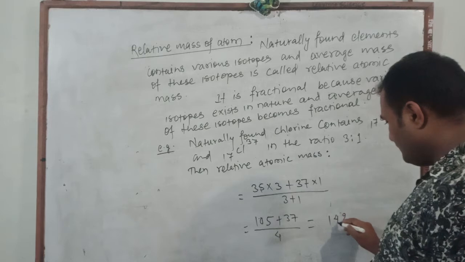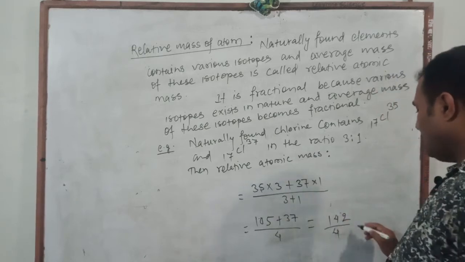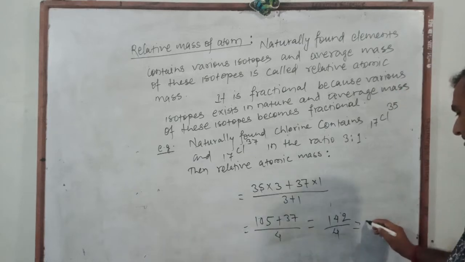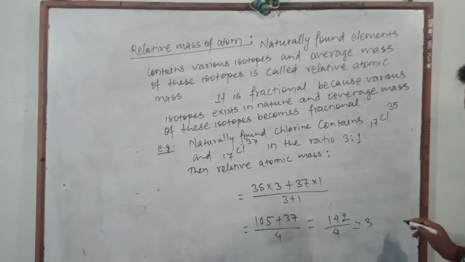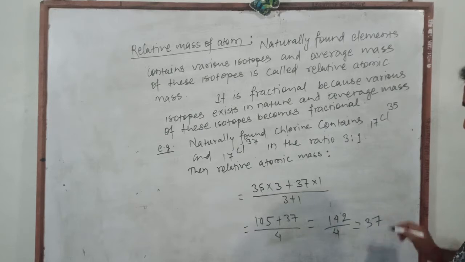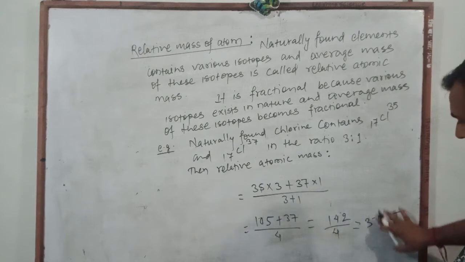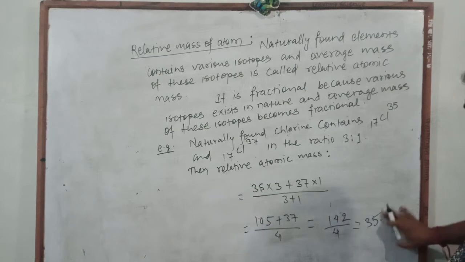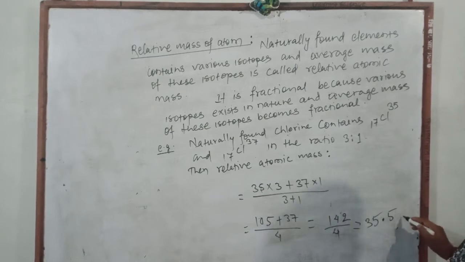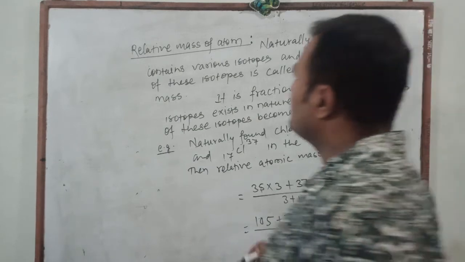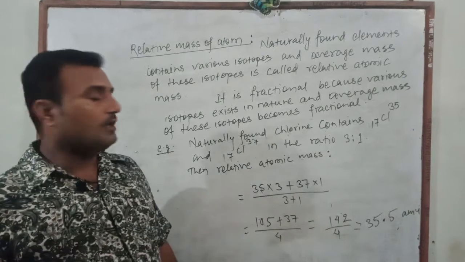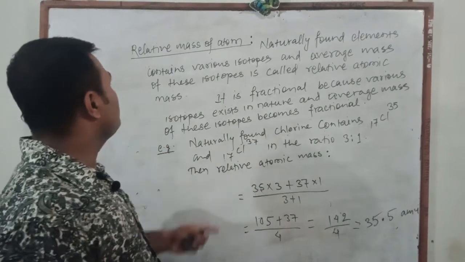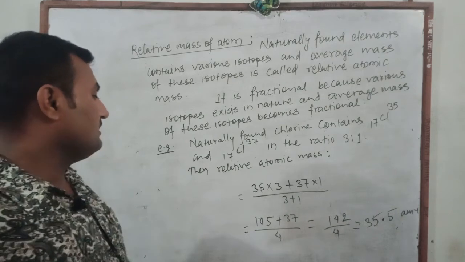142 divided by 4, and when we divide that, we get 35.5 AMU, which is the actual relative mass of one atom, the relative atomic mass of chlorine.